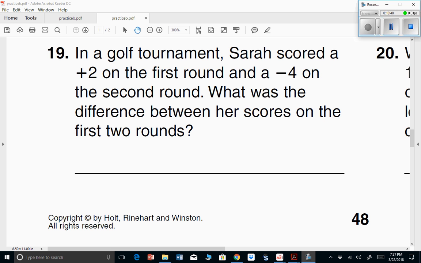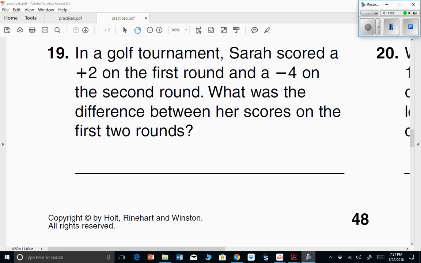All right, let's try a word problem. Number 19 says, in a golf tournament, Sarah scored a +2, or people who play golf would say 2 over par, on the first round, and a -4, or 4 under par, on the second round. It doesn't even really matter if you understand golf at all.